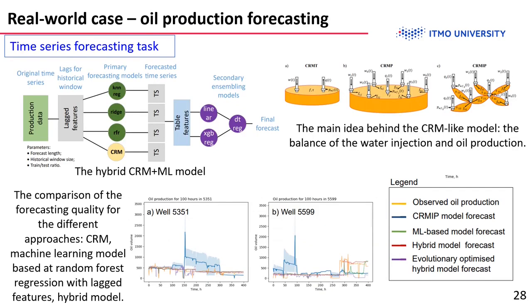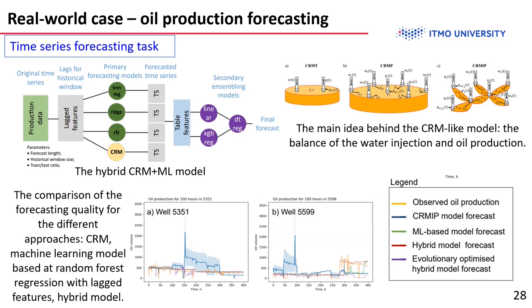The other interesting case that we analyzed during the experimental studies is oil production forecasting using a hybrid model that consists of machine learning regression models used to forecast time series based on a set of lagged features, and capacitance resistance models that allow forecasting oil production for an oil field.